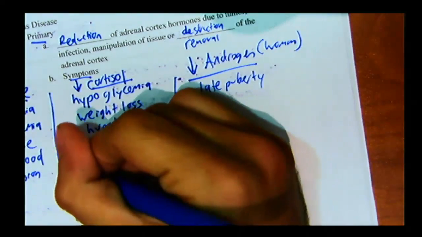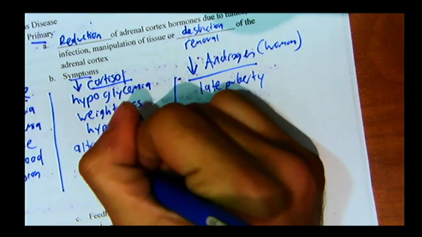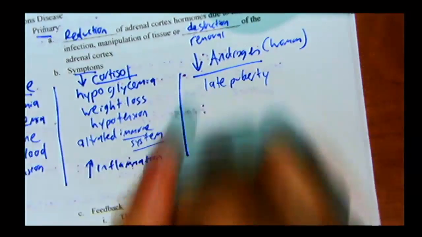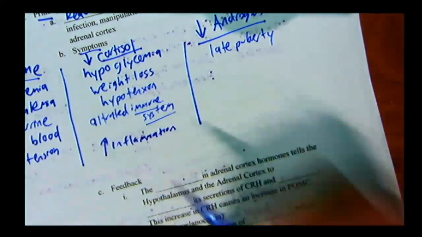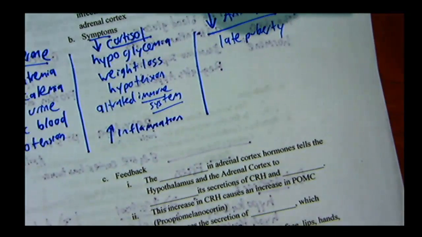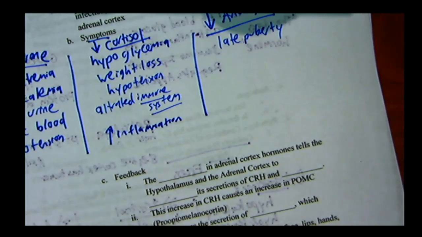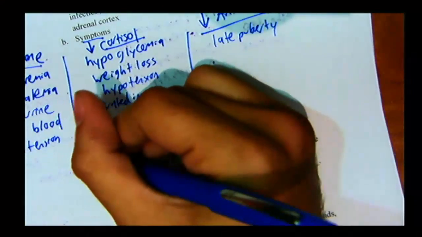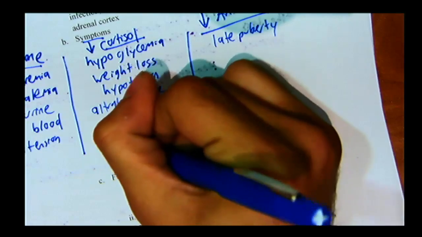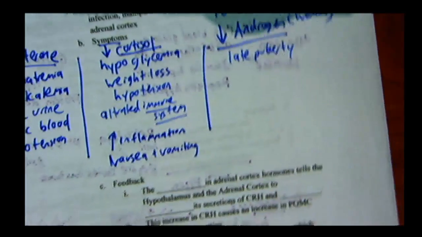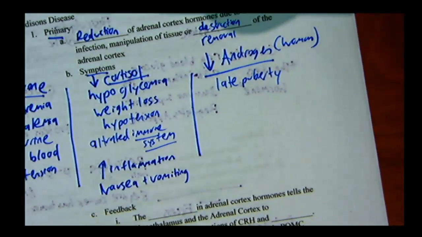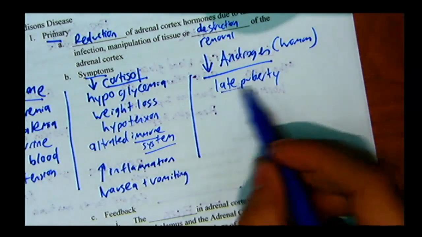So increased inflammation. Cool. Thanks. Yeah? Oh, is there still? For low aldosterone? For low cortisol? Okay. Awesome. I didn't know that. Nausea and vomiting. So again, if you don't have that androgen to start puberty, it starts later on. So that's why you have late puberty.